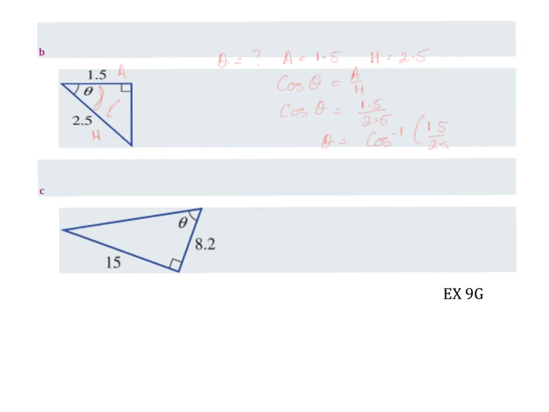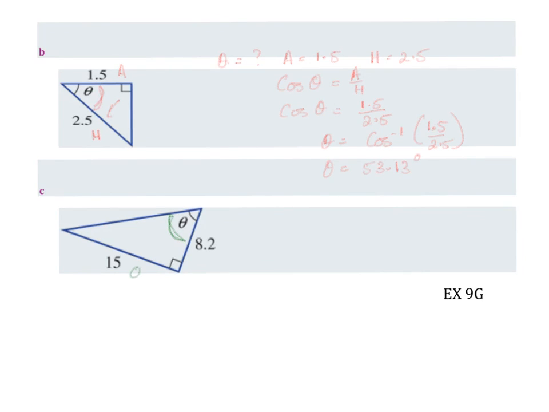Notice how I've got that inside a bracket? Because it's inverse cos of the whole thing. And when we put that into our calculator, we get 53.13 degrees. It wanted the answer to 2 decimal places, so that is in decimal degrees, 53.13 degrees.